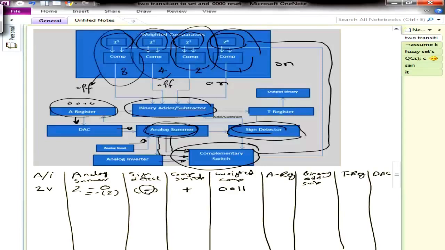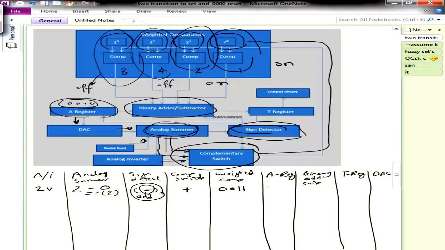So we add the A register, which contains 0000, to the suggestion coming from the weighted comparator.